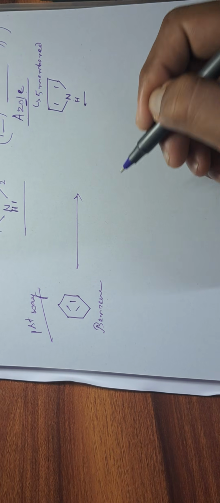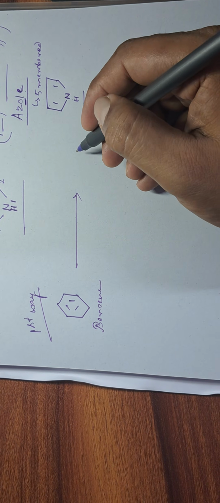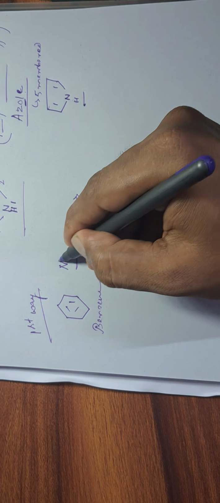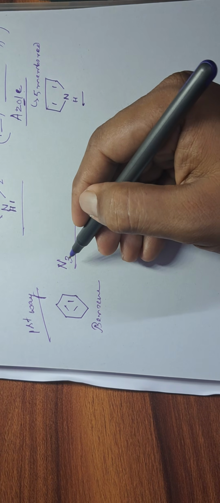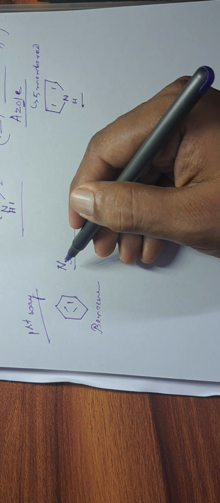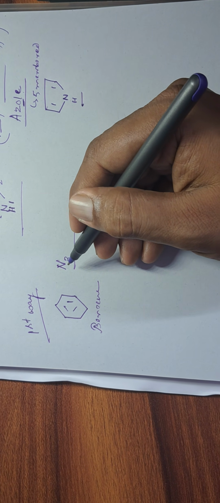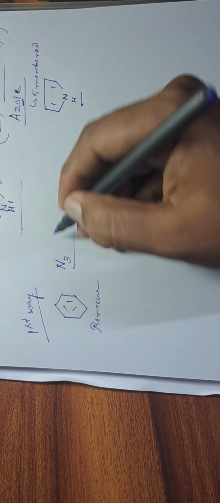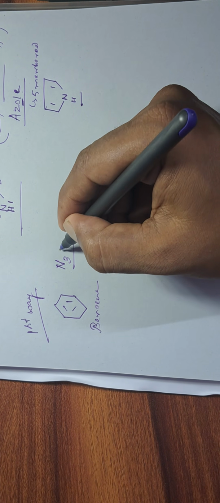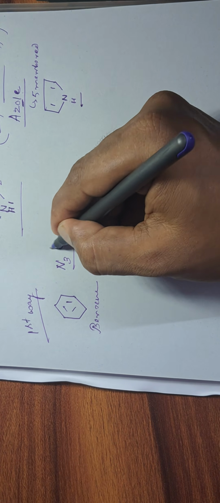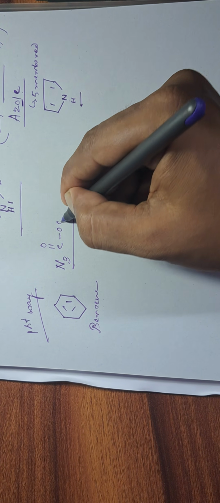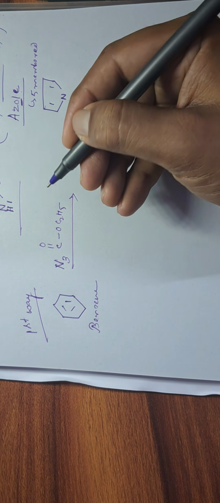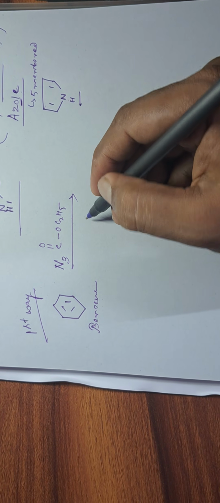Now the reagent that we are going to use is nitrene. Nitrene is N3. Any nitrogen molecule here has 3 nitrogens in it, connected by means of a double bond. So finally we have something like this. As a whole we can say this is called ethoxycarbonyl nitrene.